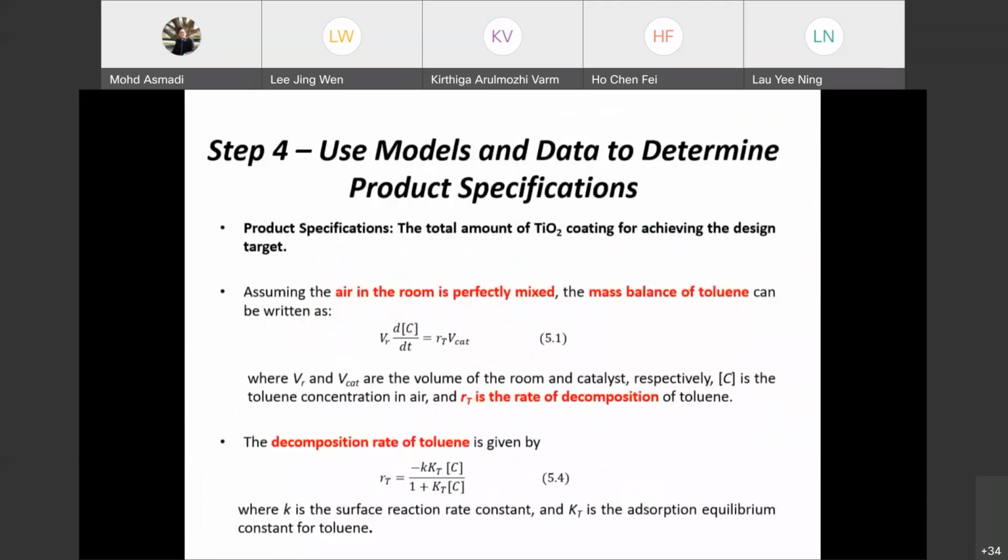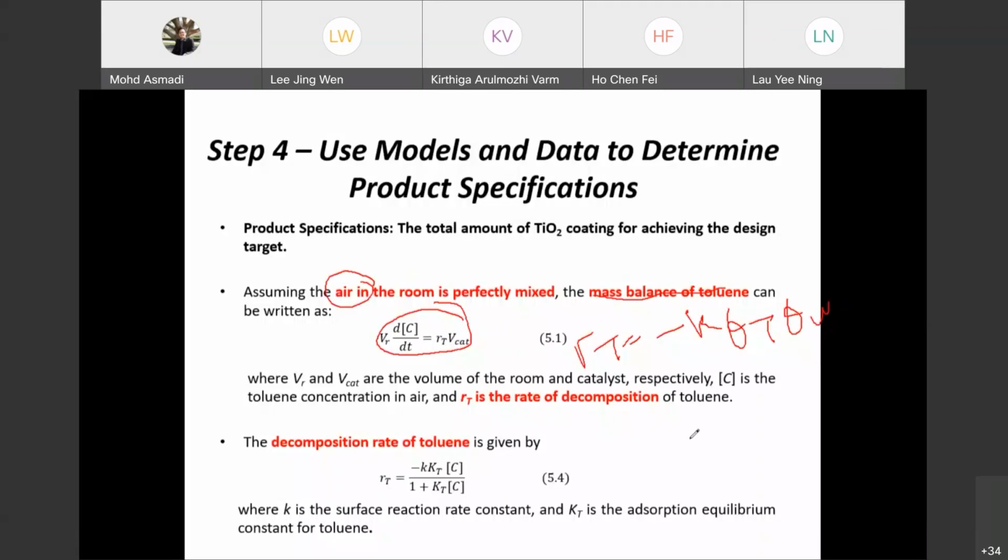By the Hinshelwood equation, if we consider the air perfectly mixed and consider the mass balance of the toluene, the rate of toluene is negative k theta T theta water, because it is bimolecular: there is water in the air and also toluene.